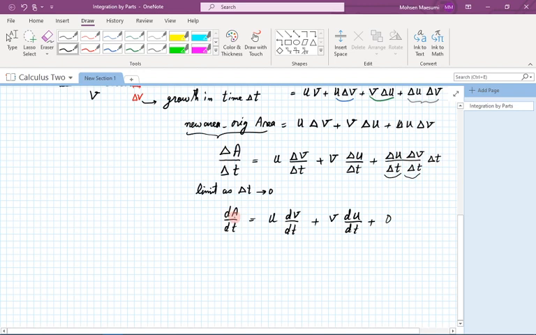Here's another way of writing this whole story. A was U times V, and you are taking a rate of change of that. This is U V prime, and this is V U prime. So that was the product rule you had in calculus 1. Now we're just going to rearrange this thing.